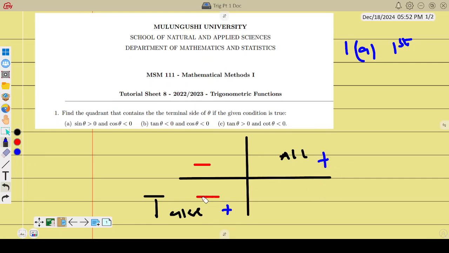Wherever there is no plus, that's where tan is negative. So tan is negative here and there. Where we have two signs, that's where our answer should be. So even this is in the first.